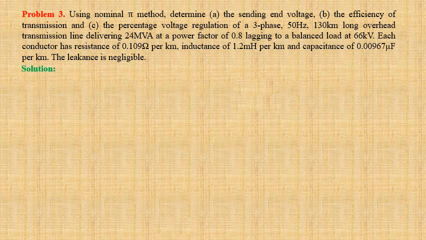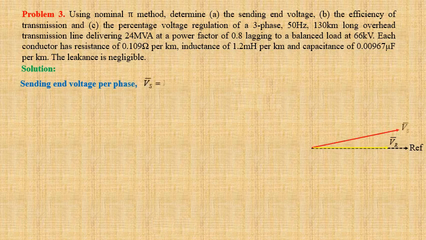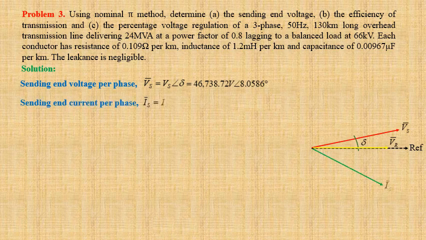We have obtained sending end voltage per phase Vs equals Vs at an angle delta equals 46,738.72 volt at an angle 8.0586 degree, and sending end current per phase Is equals Is at an angle minus phi 1 equals 199.33 ampere at an angle minus 33.2757 degree.